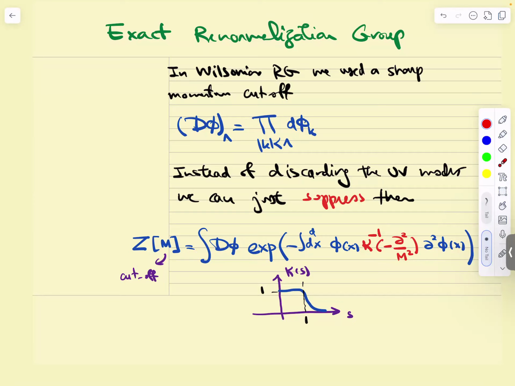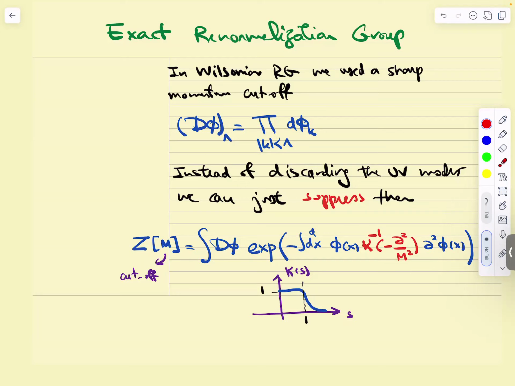I'm modifying it. And now this K has the following property: when s is small, this K is 1. When s is large, this K is 0. If this K is a sharp function like this, what you end up with is the sharp momentum cutoff. So you just pick a different function that's smooth and vanishes.